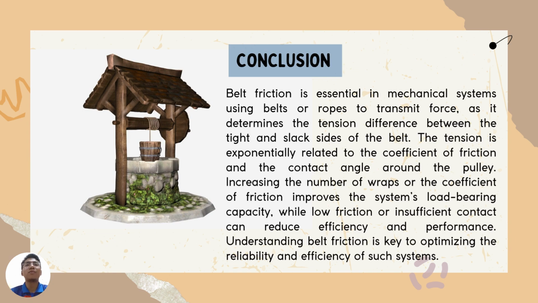Increasing the number of turns or the coefficient of friction improves the system's load bearing capacity, while low friction or insufficient contact can reduce efficiency and performance. Understanding belt friction is key to optimizing the reliability and efficiency of such systems.